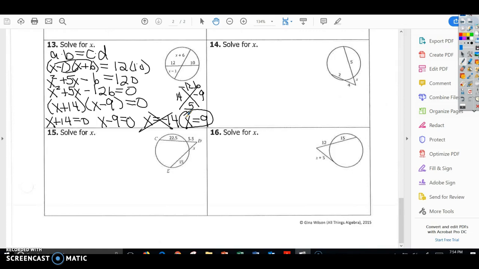All right, so these others are kind of similar to that. Let's look at another one that has a quadratic. So for number 14, we're also solving for x. So we're going to have x times x plus 5. If you look, this is type 2 formula.